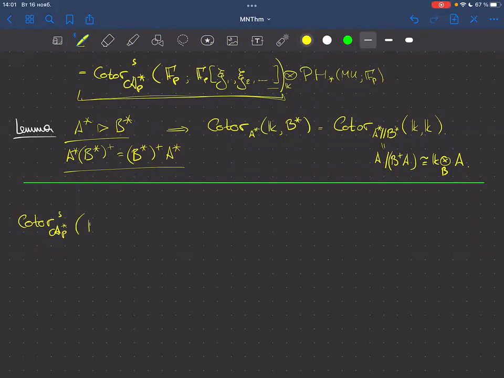S from F_P to F_P, xi1, xi2, etc. So what is it? What would happen when we apply this lemma to our case?